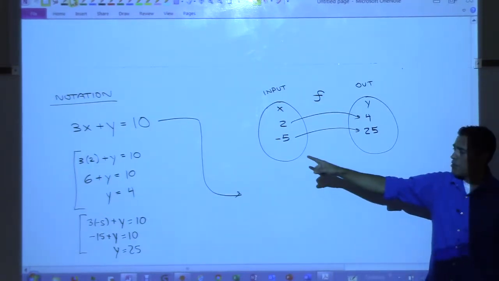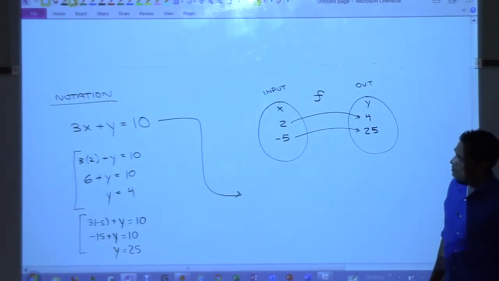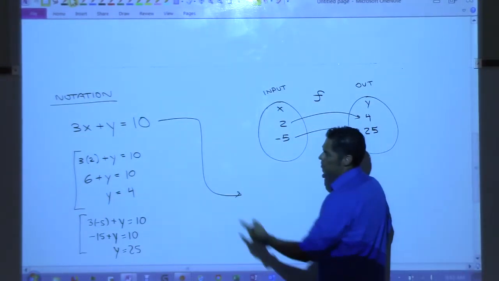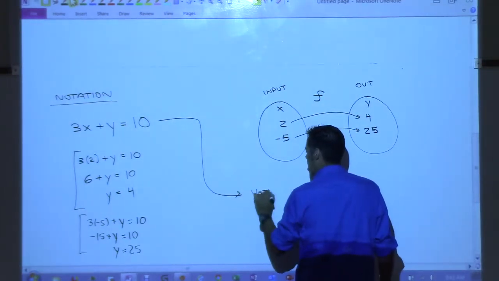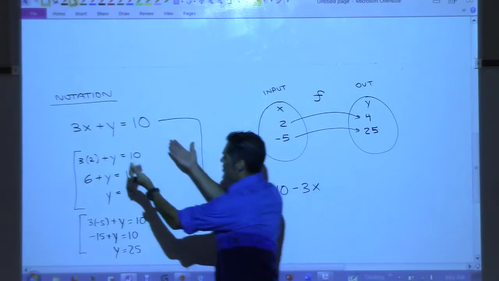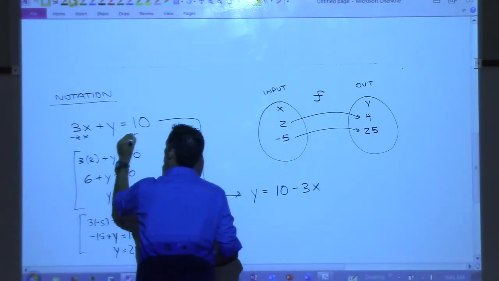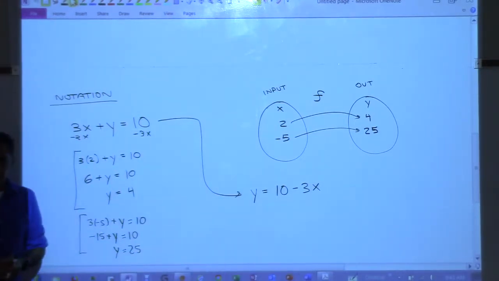Solve that equation for y right now. So how would you solve that for y? Just move the 3x to the other side, right? Subtract 3x on both sides, so you get y equals 10 take away 3x. So I took this equation, I subtracted 3x on both sides, and now I have that, right?